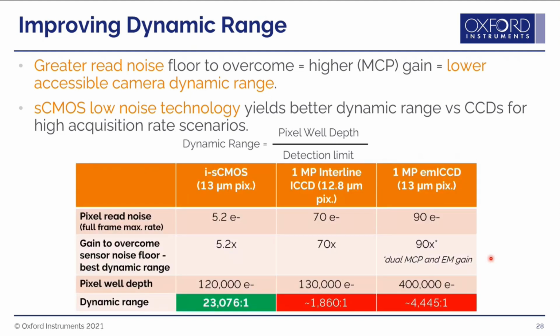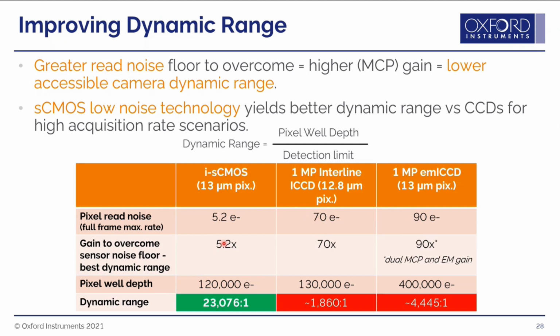To put it into context, for instance, with an iStar sCMOS, if you're binning 2x2, your full pixel read noise is 5.2 electrons, and your well depth is 120,000 electrons. If you compare this to, say, interline CCD cameras, which I think they've obsoleted all these sensors, these have a much higher read noise when you're running at high frame rates.